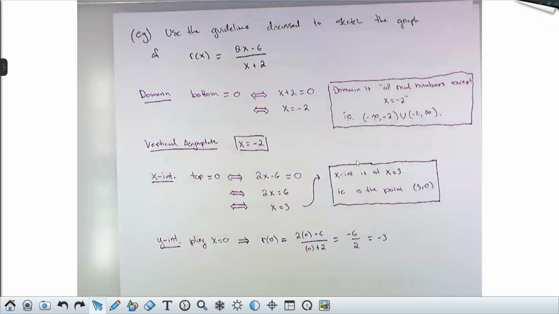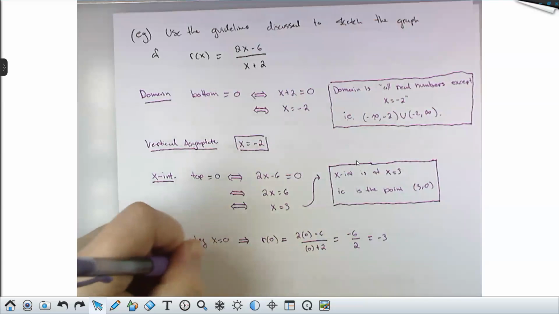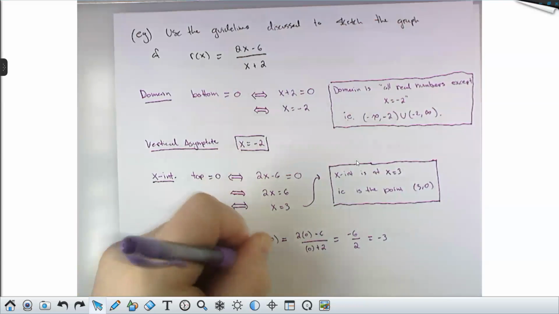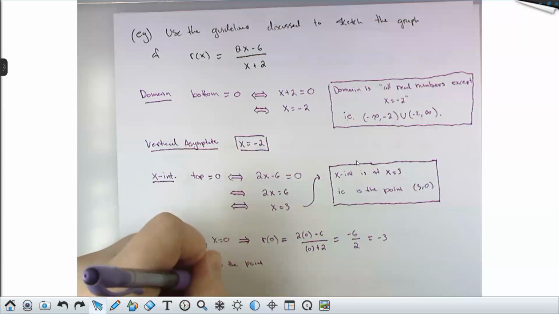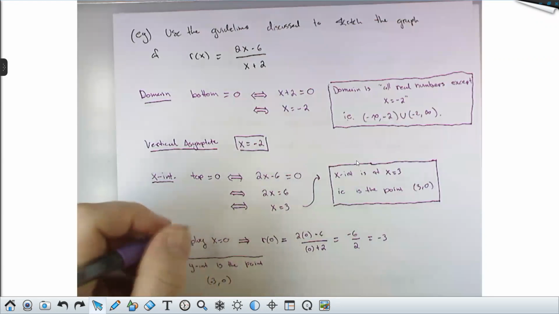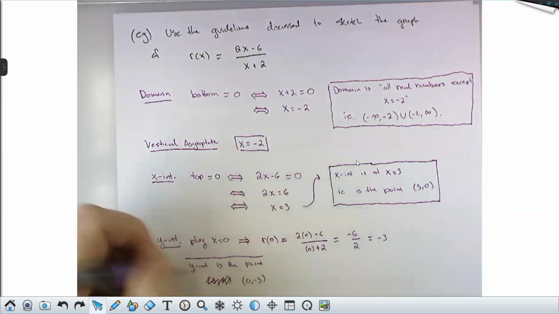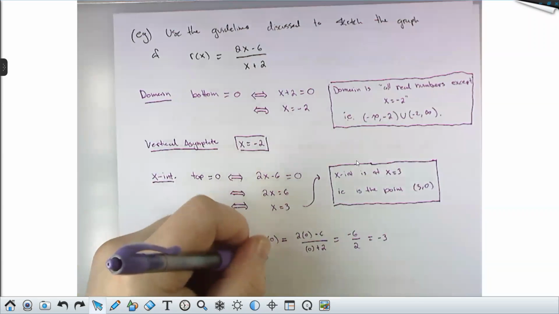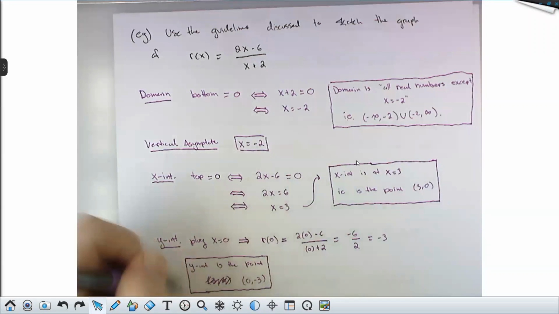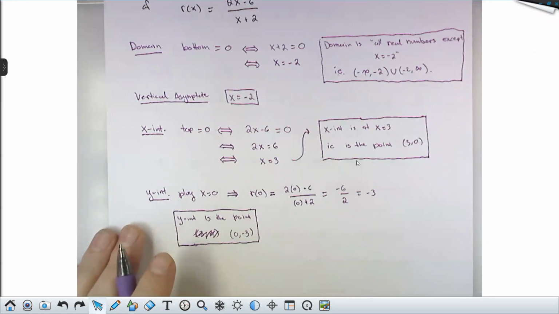So you could say the y-intercept is negative 3, or more accurately, you'd say the y-intercept is the point (0, negative 3). I'm sorry. Again, we find it by plugging in x equals 0. That means the x coordinate there is always going to be 0. Questions so far?